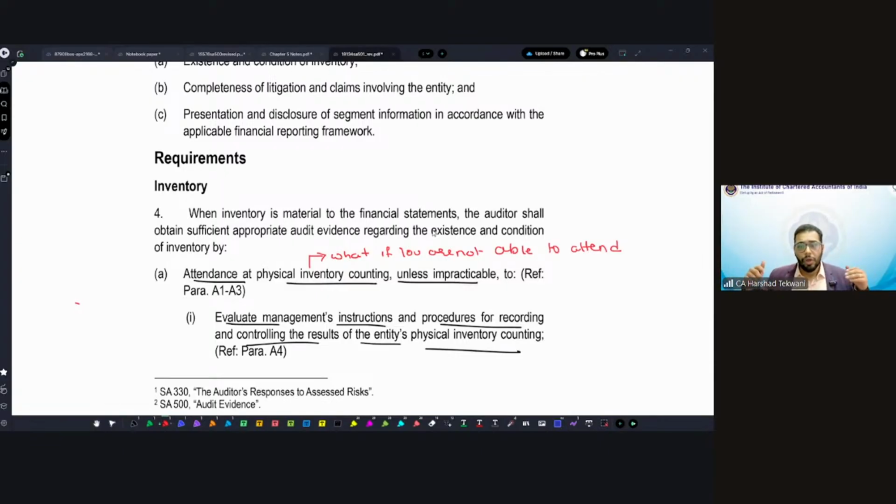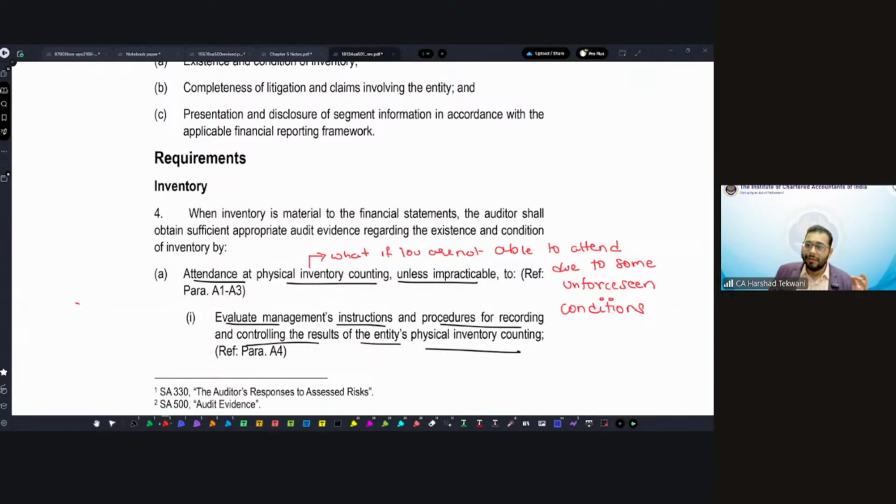I'm talking about you are not able to attend due to some unforeseen conditions. When I say unforeseen conditions, as opposed to impracticable, that means you want to attend, you are trying everything, but the scenario is such that you cannot attend.